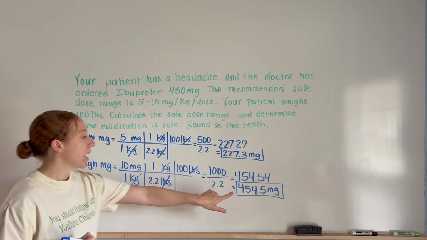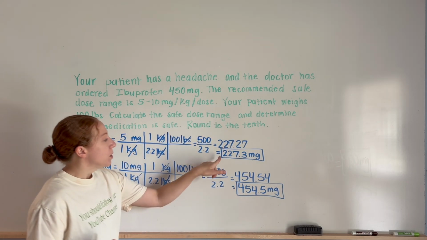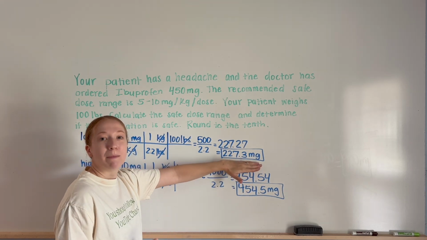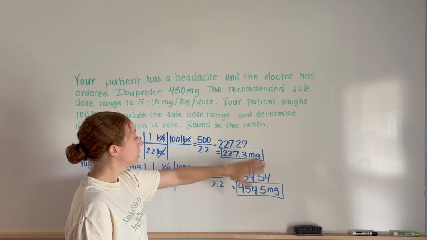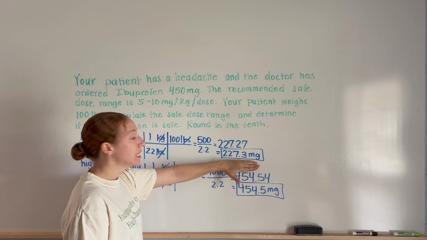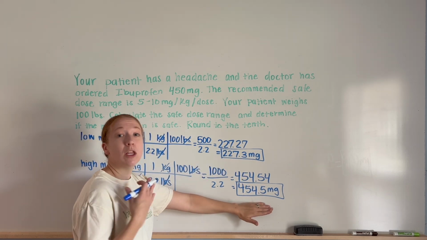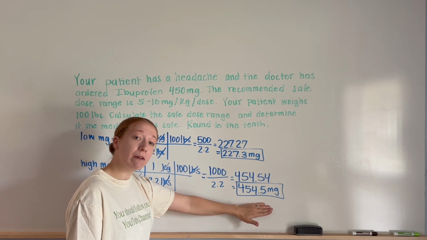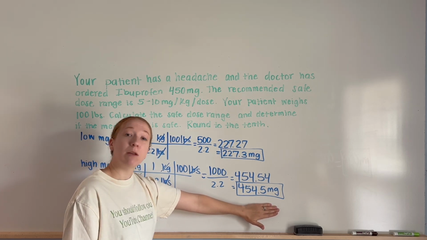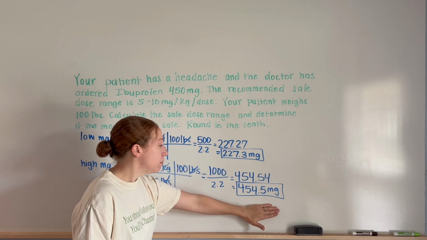And that is my high number. The low tells me the smallest amount my patient can get and their headache will still go away. If they get any less than that, ibuprofen's not going to work. The high tells me the most that my patient can have of ibuprofen. If they get any more than that, it's going to be toxic for them.